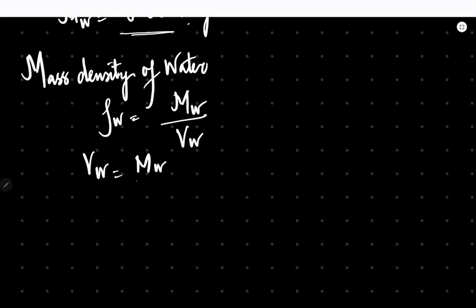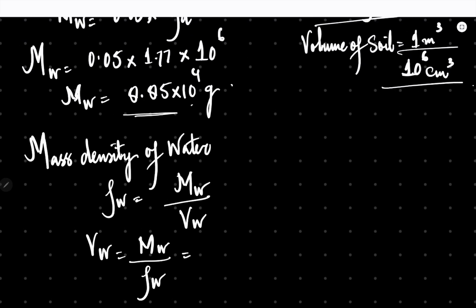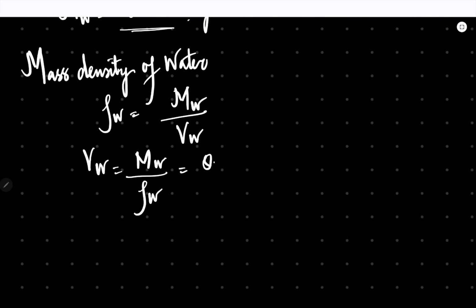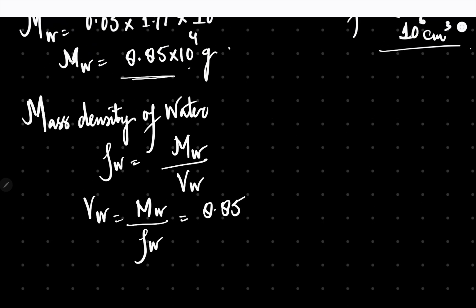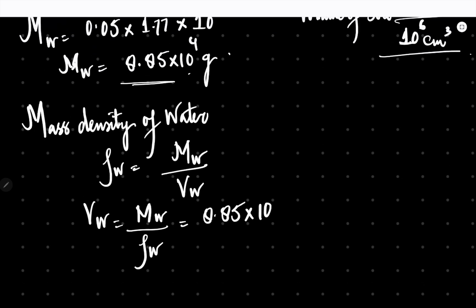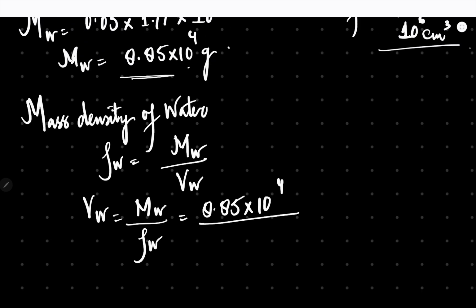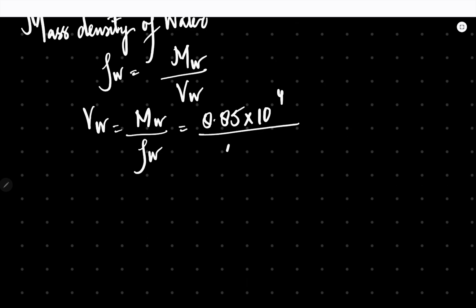Now mass of water I have calculated 8.85 into 10 raised power 4 grams, divided by, we know the density of water, it's 1 gram per cc. That means volume of water is 8.85 into 10 raised power 4 centimeter cube.